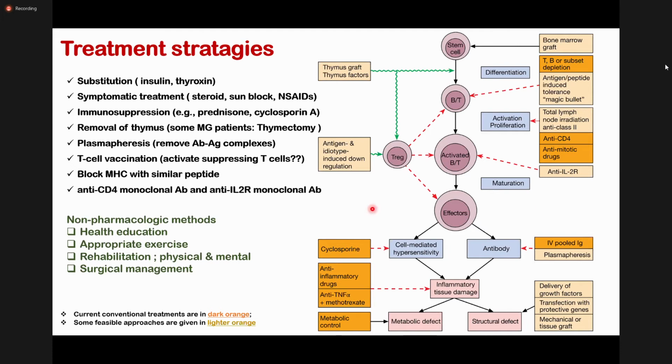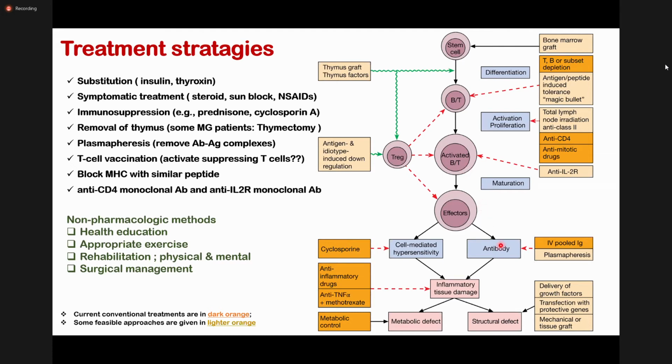Another one is anti-CD or anti-mitotic drugs, which will also break the autoimmunity.